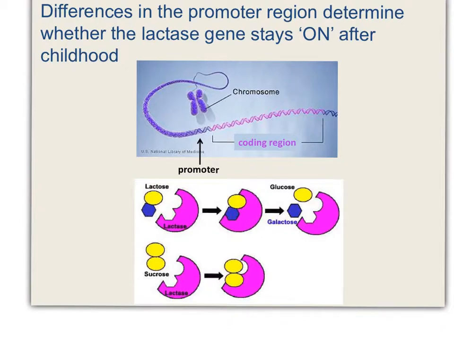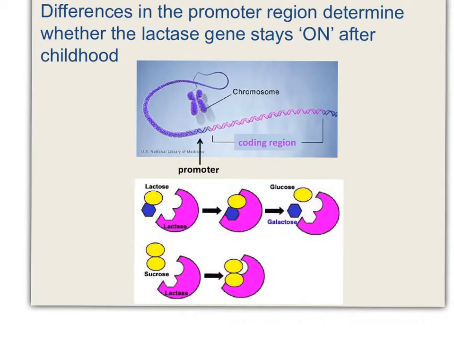So wherever we've actually had, let's say, a dairying culture or a pastoral culture, this kind of mutation has shown up. But it's shown up differently. It's always in the promoter region, but for example, the people in the Middle East and Northern Europe have a mutation in the promoter region that keeps the lactase gene on.